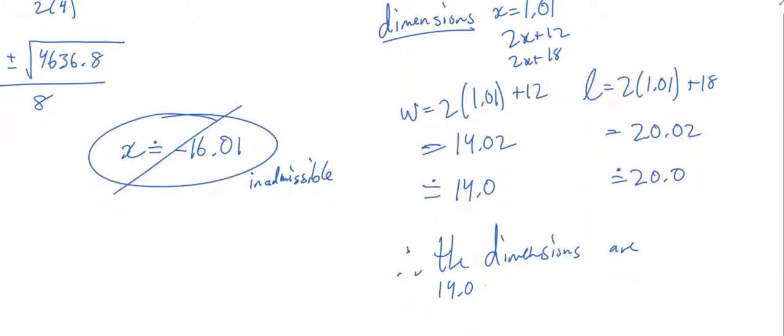Centimeters. When you're rounding to one decimal place, even if the decimal is a 0, it's necessary, right?